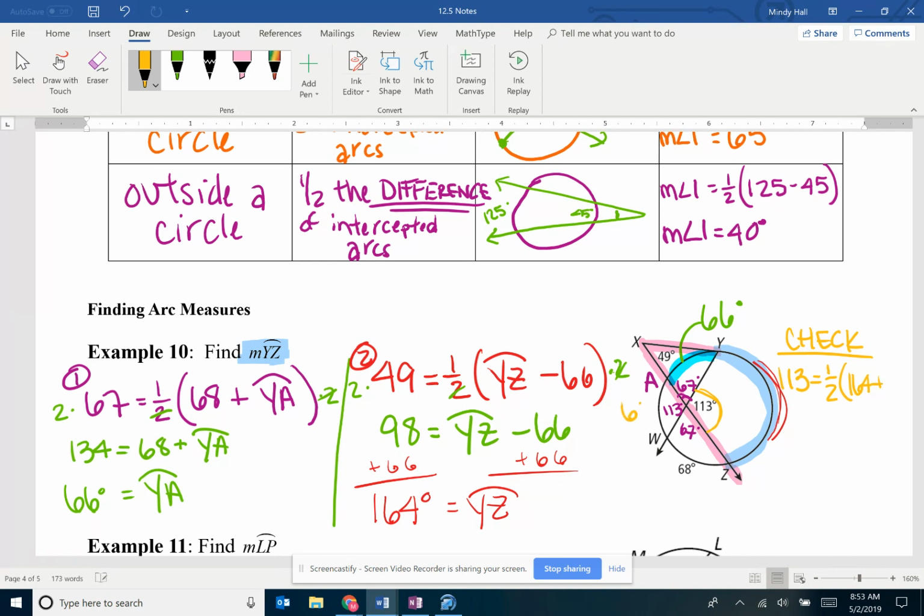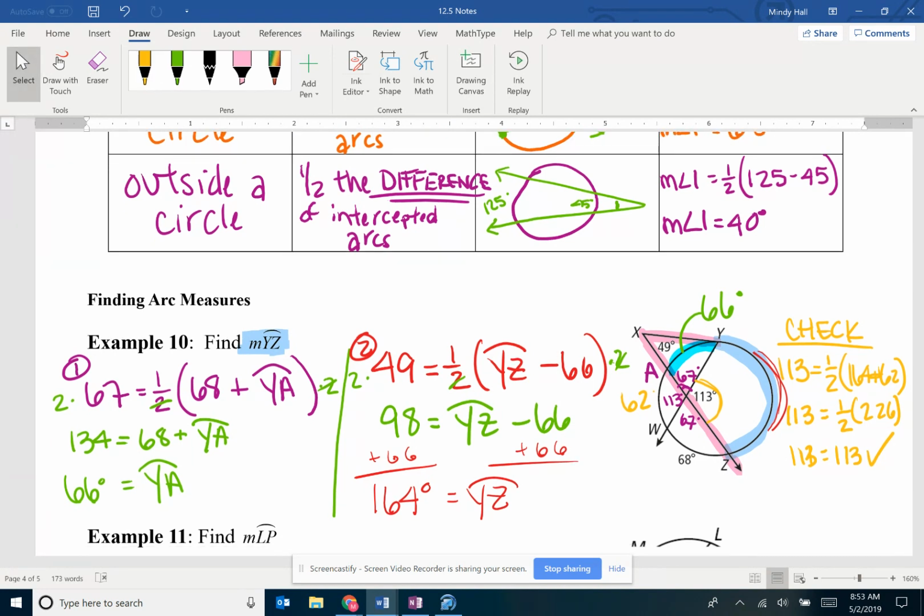And really, I didn't write it down, but if we were to subtract from 360, I know that this one would be 62 degrees. So then, plus 62, I get 113 equals 1/2 times 226. And half of 226, wouldn't you know, is 113. So we are good. All right.